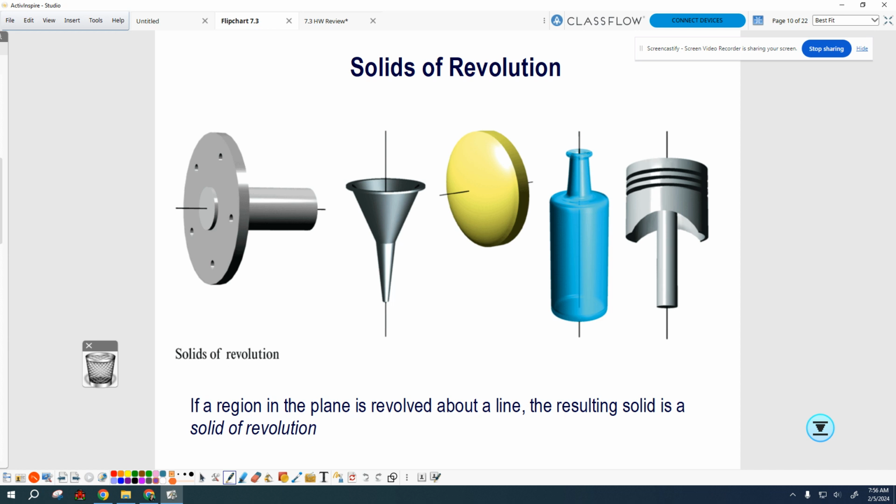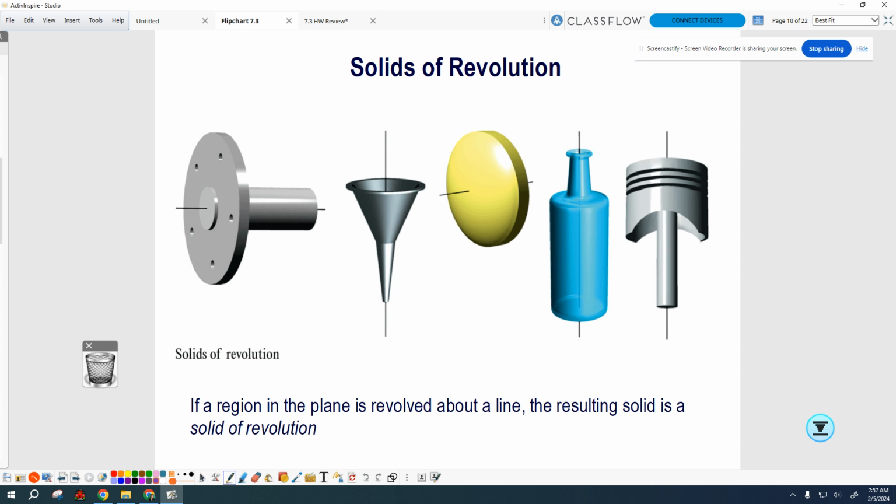Okay, we need to spin things today. Solids of revolution, why do we need to know this? Things in engines, things that move often spin.